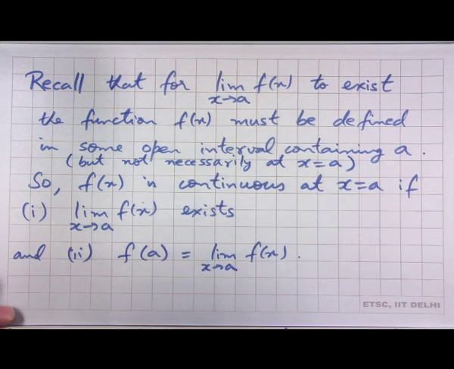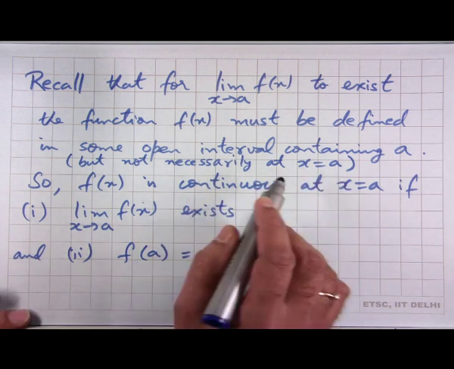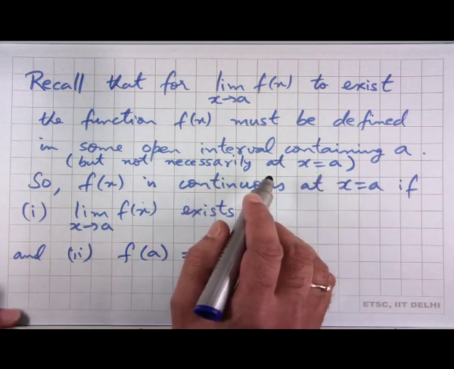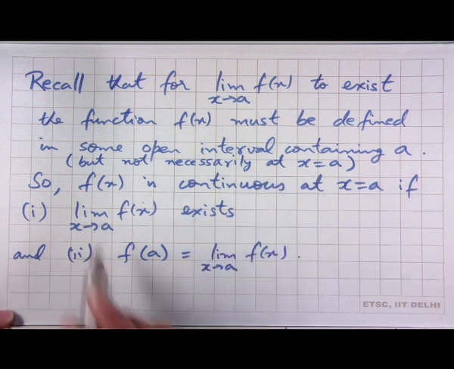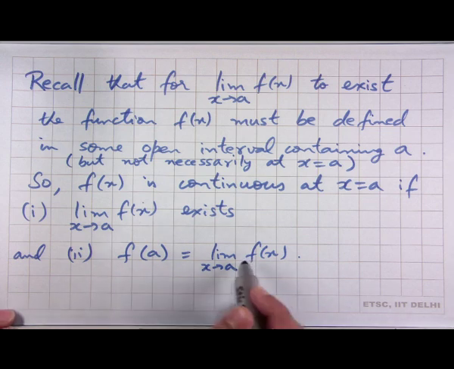So for the limit we do not require the function to be defined at x equal to a, but the continuity definition is that the value of the function at a must be equal to the limit.